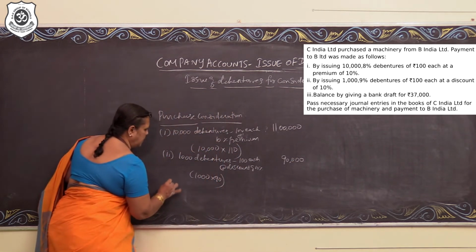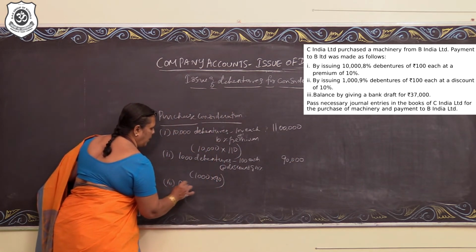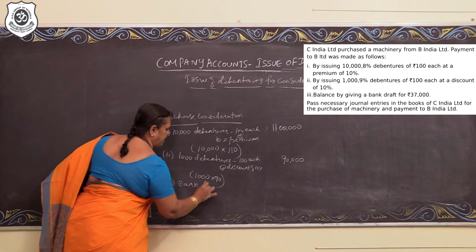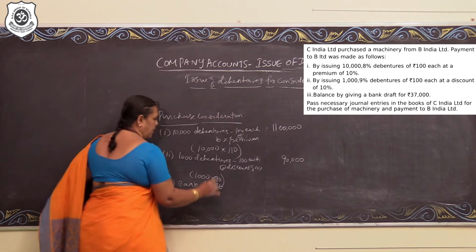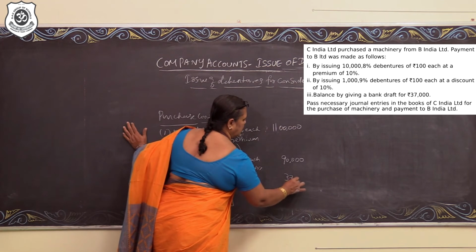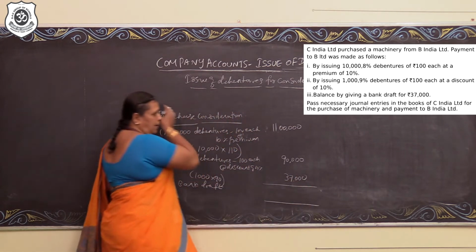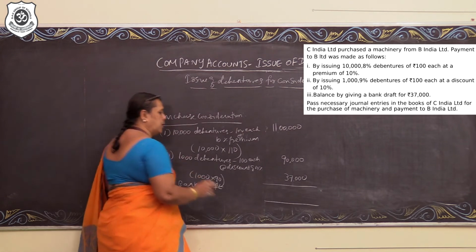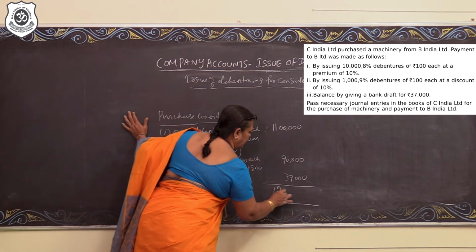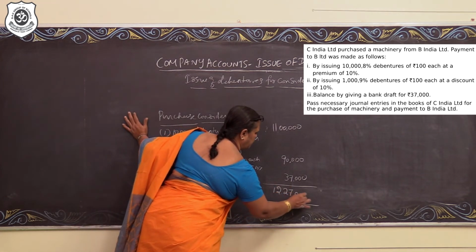Plus, number 3 is about bank draft of 37,000. So, totally we are purchasing asset worth 12 lakh 27,000.